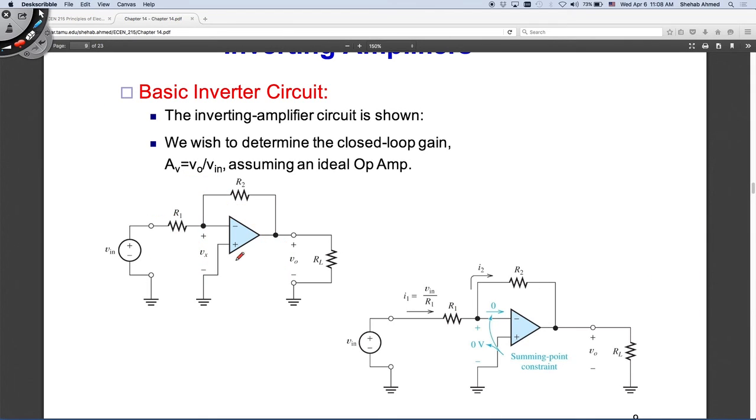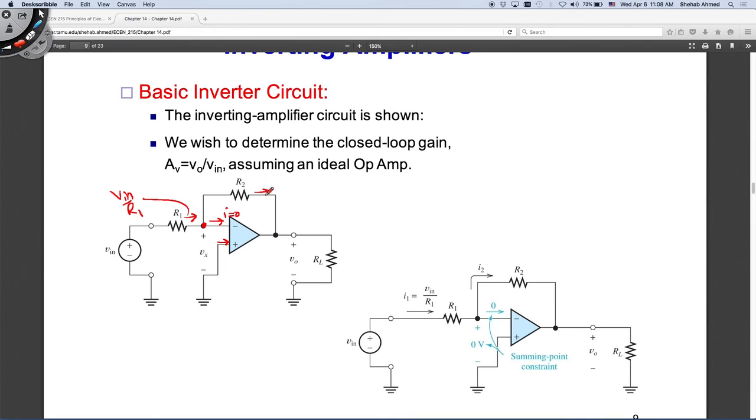Summing point constraint? Yeah, this is 0. I here is equal to 0. This? Here? You can, but if you did KCL, so this current here is V input over R1, right?